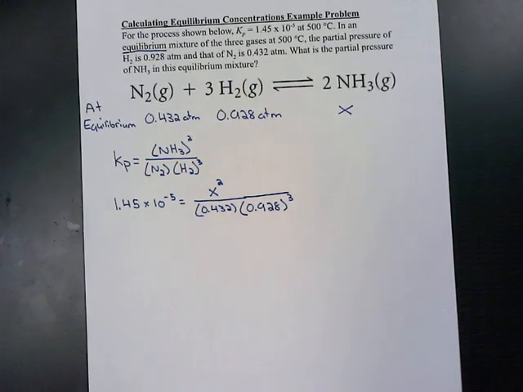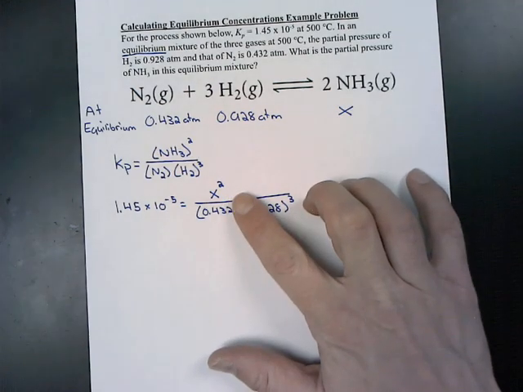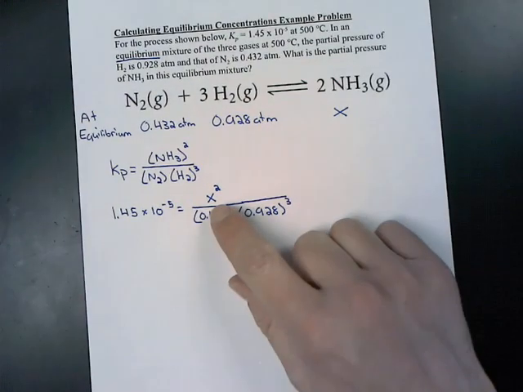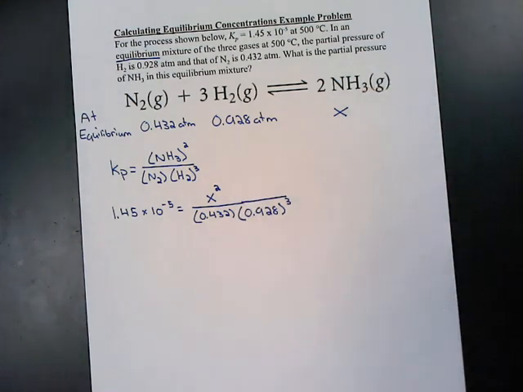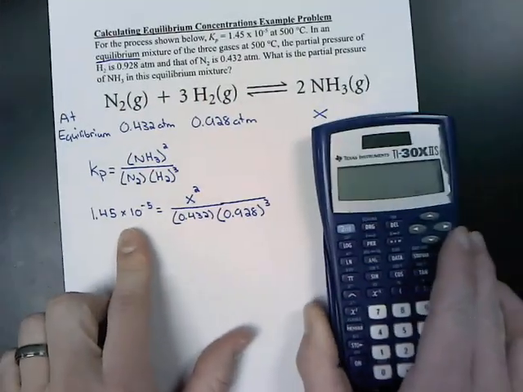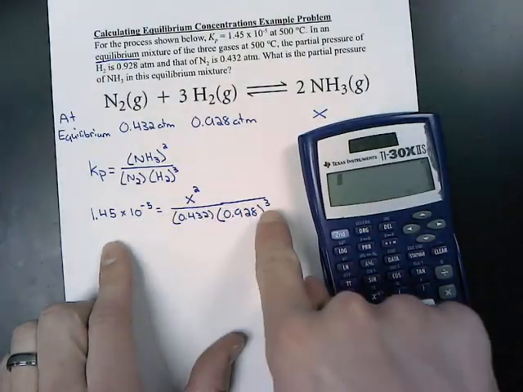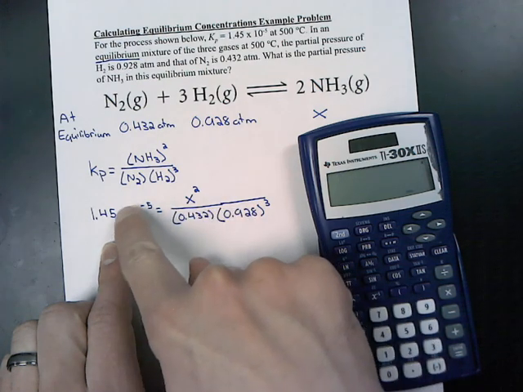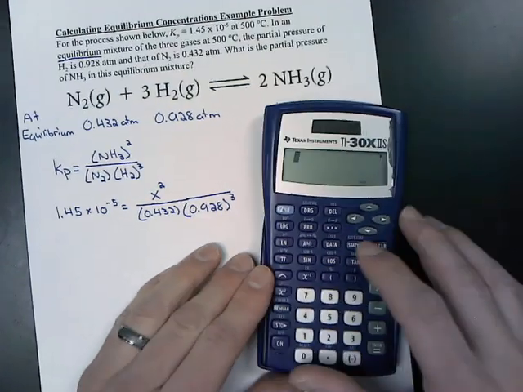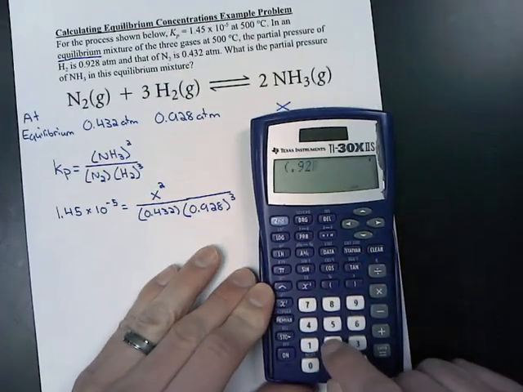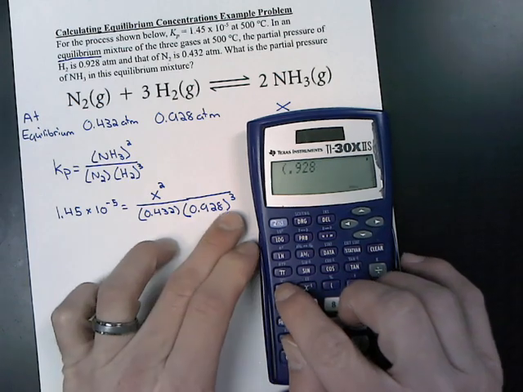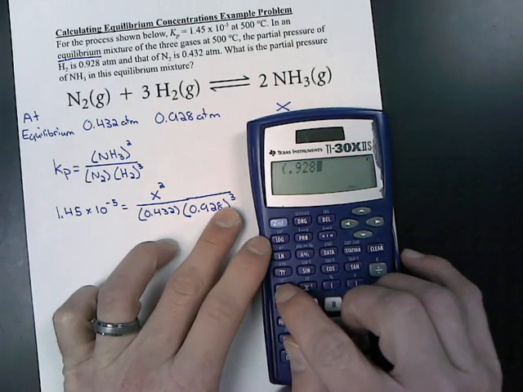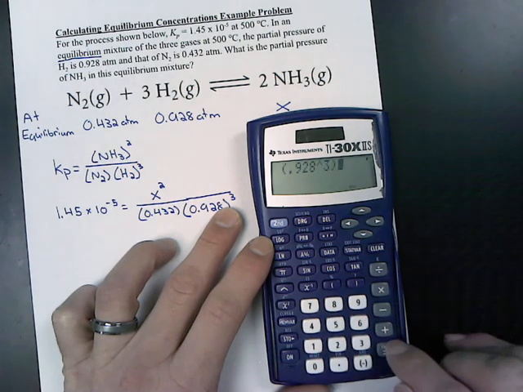So now all we have to do is a little bit of algebra to find out what is that concentration for NH3, or the pressure of NH3 at equilibrium. So all I'm going to do first is cross multiply this on bottom times this on top. What I'm also going to do first is, because I only have one thing raised to a power here, I'm going to knock that out first.